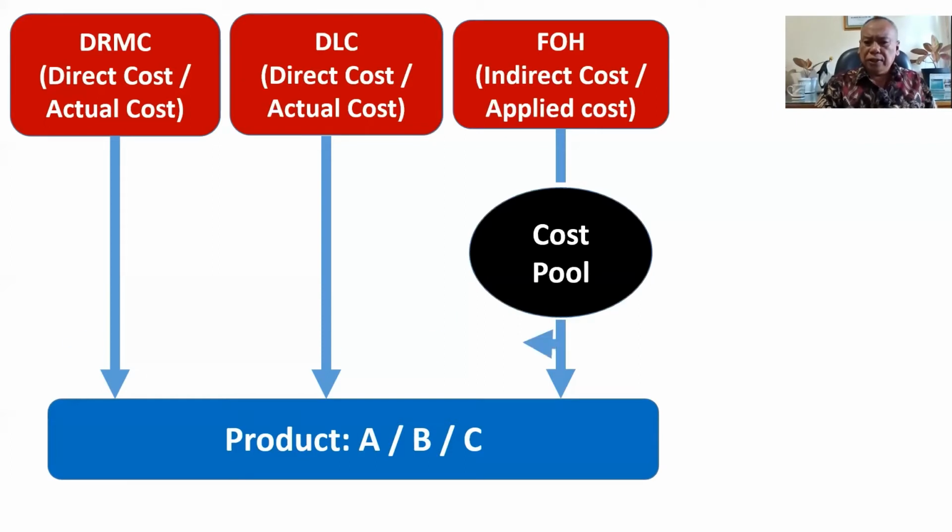In traditional costing, the cost driver is a unit driver. There are five examples of cost drivers here: machine hours, direct labor hours, units produced, direct labor costs, and also direct raw material cost.